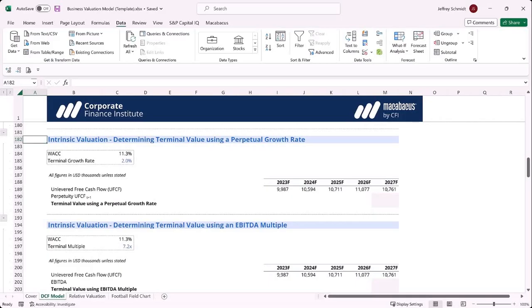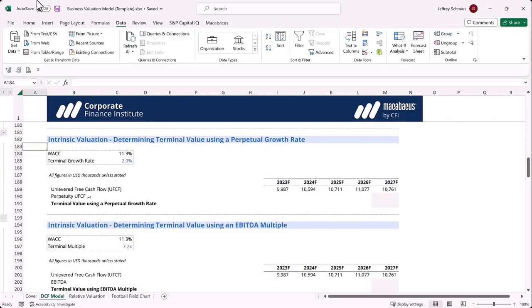What I'd like for you to do is to calculate the terminal value using the perpetual growth rate, as well as calculating the terminal value using an EBITDA multiple. We've already practiced this in our exercise, so let's apply it in our model. So give it a shot. We'll come back and we'll walk through it together.